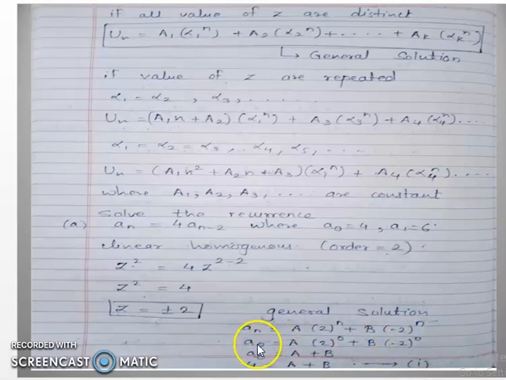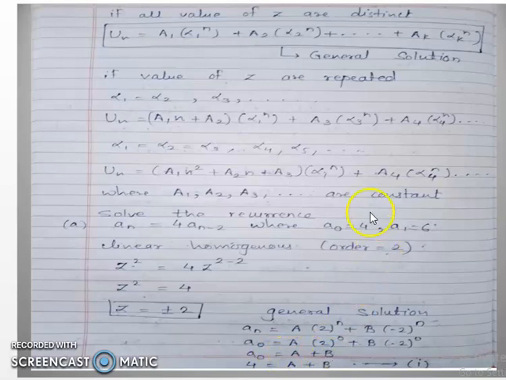Then we get a0 is equal to a into 2 raised to power 0, whose answer is 1, that is a into 1, which is a, plus b into minus 2 raised to power 0, whose answer is 1, that is b multiplied by 1, which is only b. That is, we get a0 is equal to a plus b.